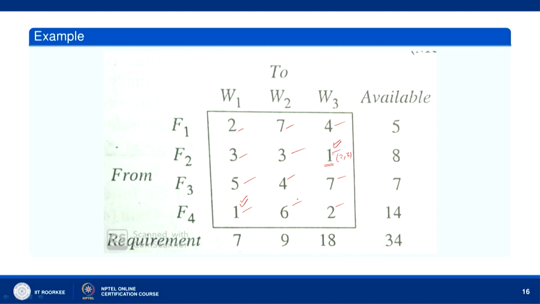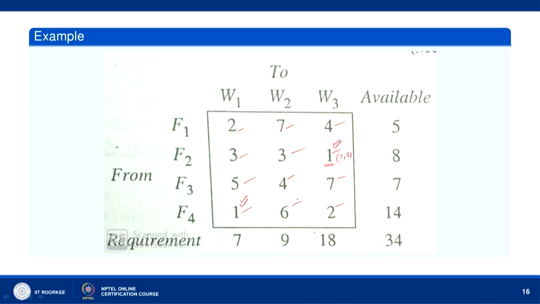Suppose I have selected this one. To this cell we allocate the maximum quantity, which is the minimum of the quantity available at source F2 and the quantity required at warehouse W3.